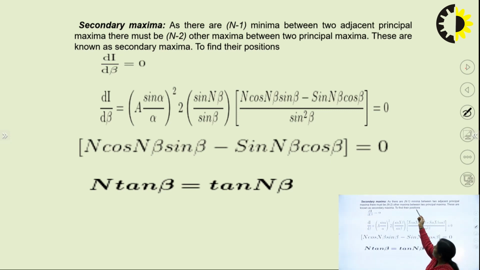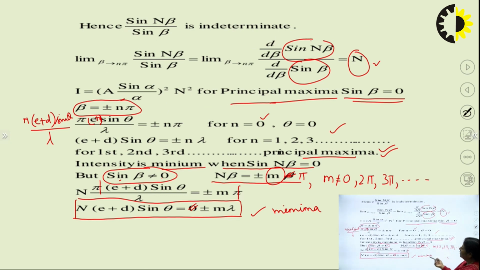There are N minus 1 minima between two adjacent principal maxima. There must be N minus 2 other maxima between two principal maxima. So this is said about the secondary maxima. Why are they telling about minima? Because we have imposed a condition that for minima these values cannot occur. So when we impose the condition, it means that this m can have these values.